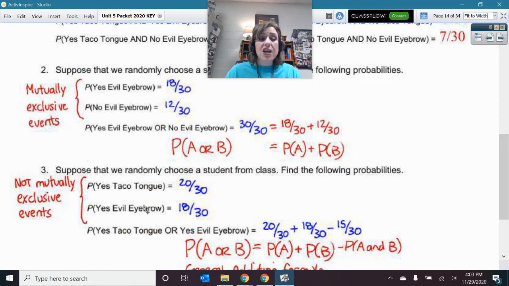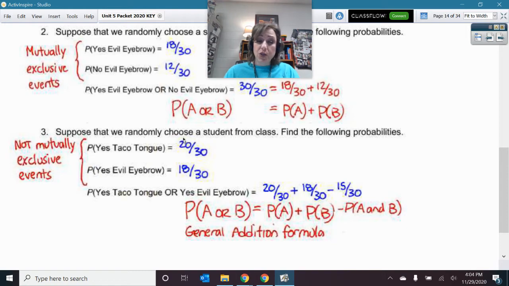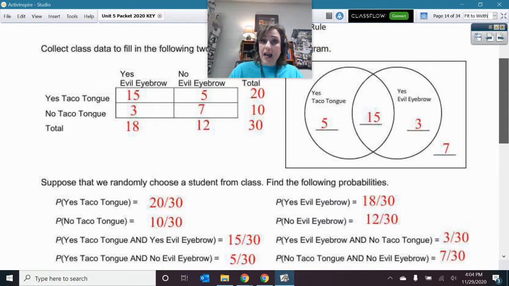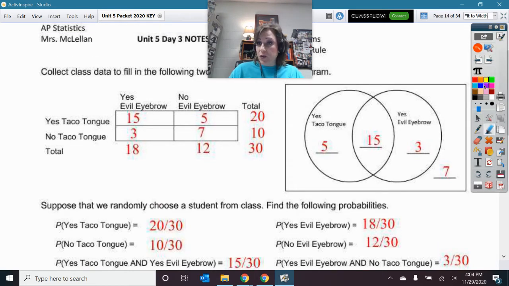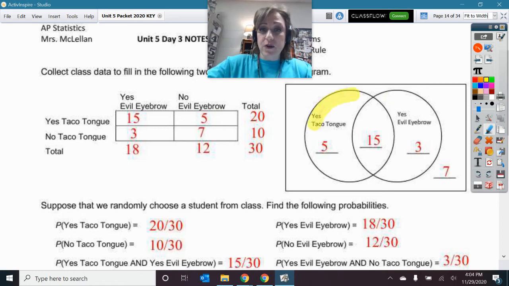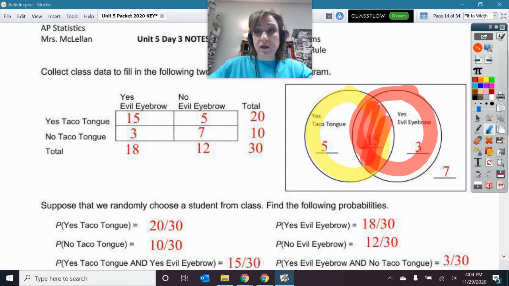There is overlapping. So if I had asked you to do this, yes, you can taco tongue or evil eyebrow, and if I just added together the 20 out of 30 plus the 18 out of 30, then watch what happens. If I just added together this 20 plus this 18, then what just happened here in the middle?